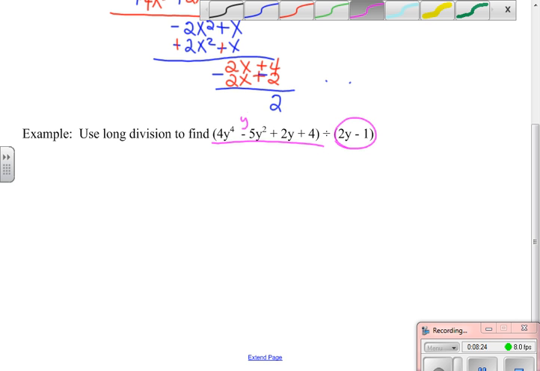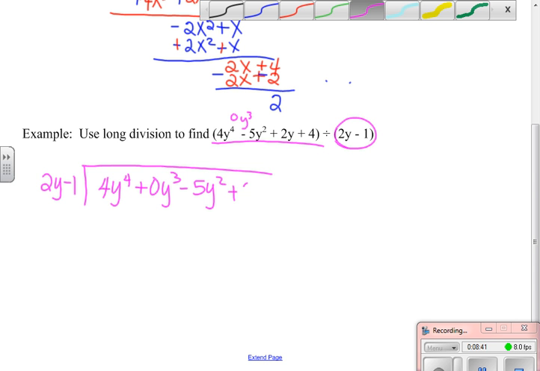Oh, I'm missing y cubed. So I need that placeholder when I go in. So I'm going to have 2y minus 1 goes into 4y to the fourth plus 0y cubed minus 5y squared plus 2y plus 4. And we just repeat the process.